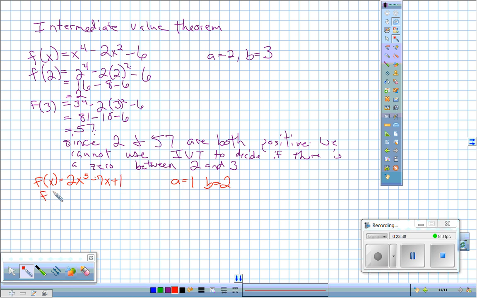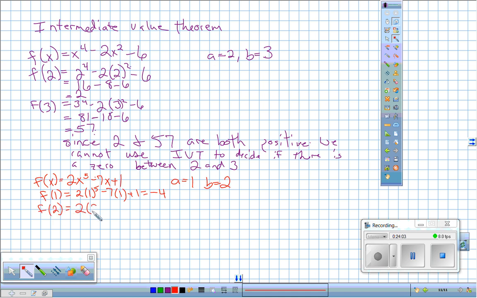So the first thing I do is find f of 1 equals 2 times 1 to the fifth minus 7 times 1 plus 1. So that will be 2 minus 7, so negative 5, plus 1 will be negative 4. So that's a negative sign. And then I'm going to find out what f of 2 is.